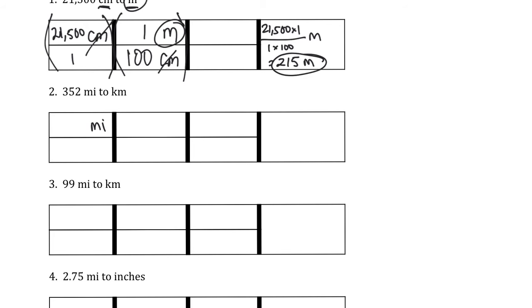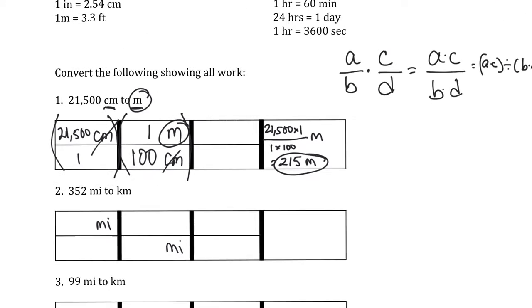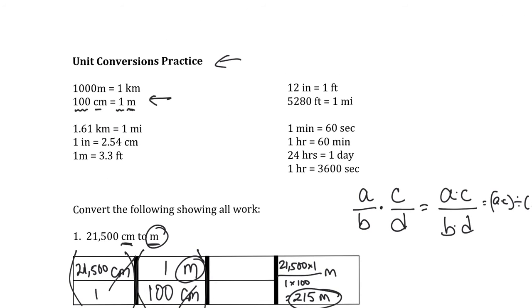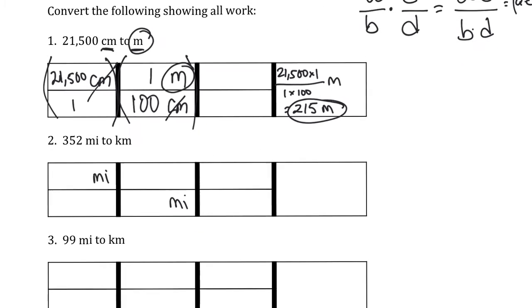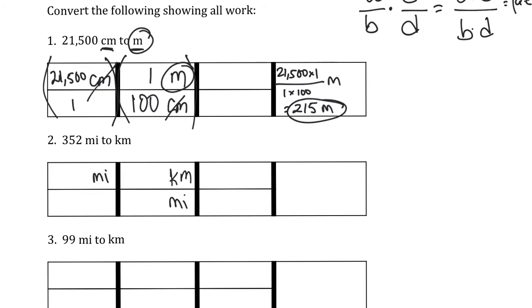Okay, so moving on, we have miles to kilometers. So we're going to go miles and miles. And do we know, can we go directly from miles to kilometers? And it appears that I can. So I throw my kilometers up here. And now I just have to get the right numbers. So starting from the beginning again, 352 miles over 1.